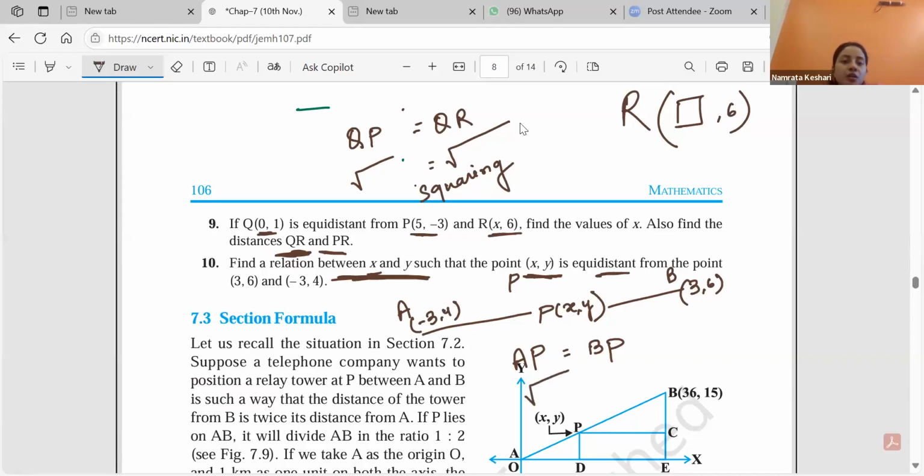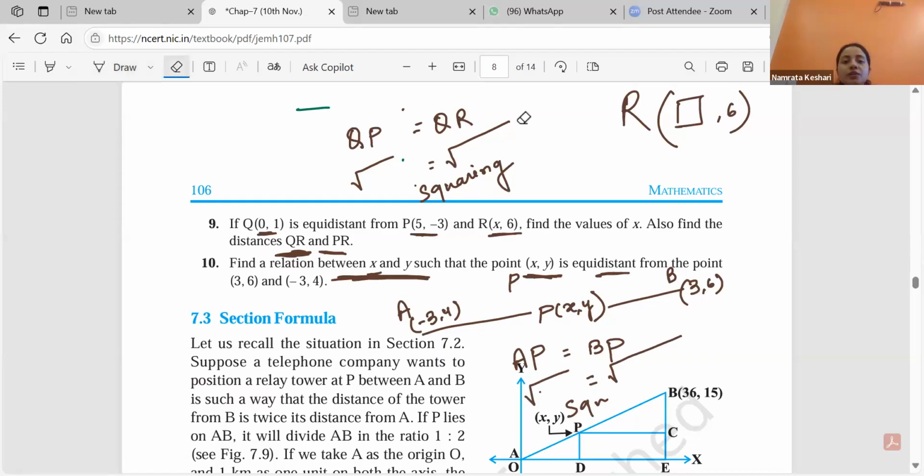There you will use a square root, and when you square both sides, you will get one equation containing x and y. Getting it? Yes, ma'am. The midpoint formula can give you x and y values, but we are not interested in that for now. We are trying to find one equation containing x and y, so the distance formula.